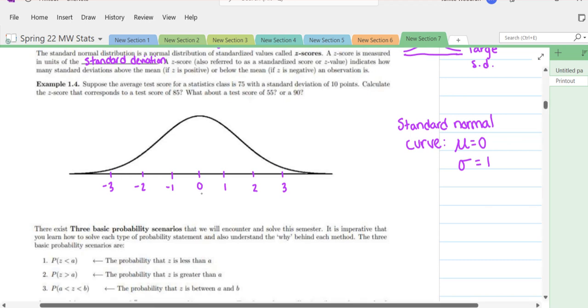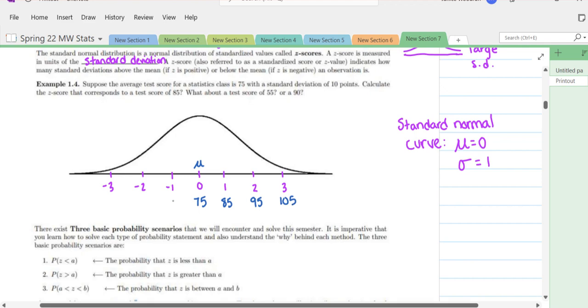At 0, that's my mean, I'm going to put 75. And then my standard deviation is 10 points, so I'm going to add 10 points three times: 85, 95, and 105.